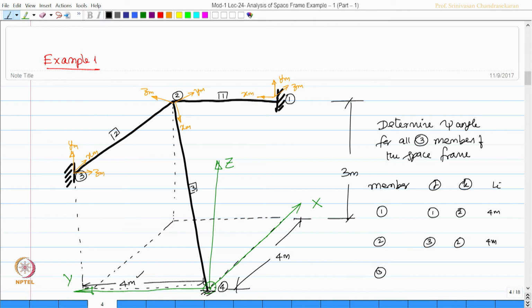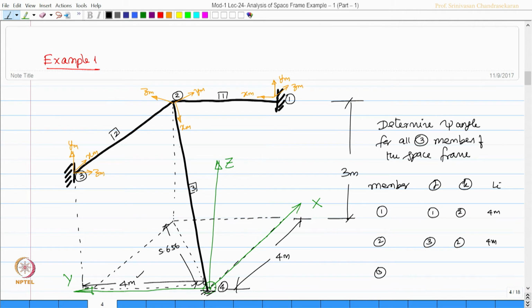So, if we calculate this, this dimension is going to be 5.656, that is root 2 of 4 meters, but I want to know this length.